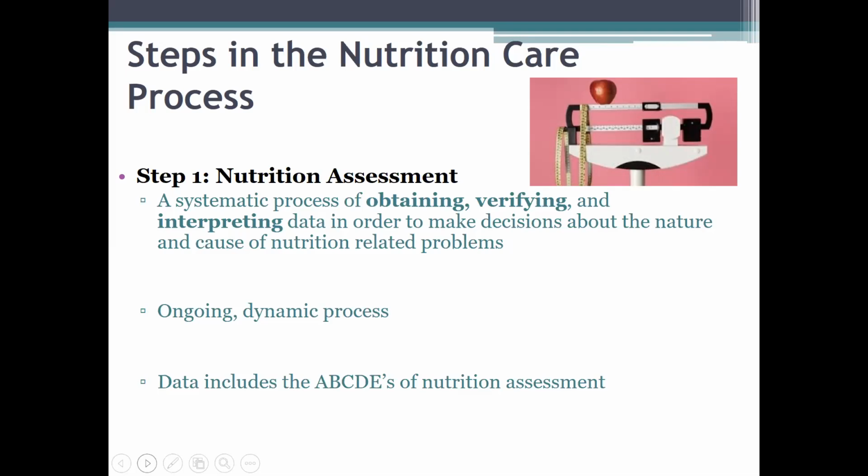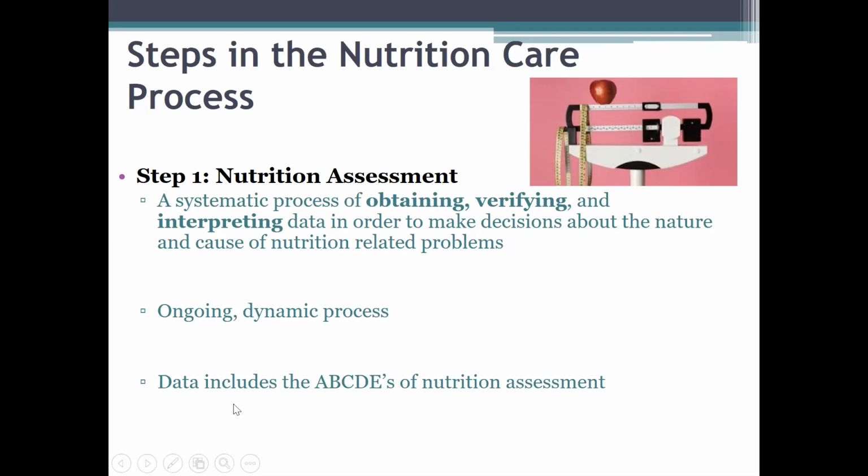Maybe you got a lab value, but you have to interpret it and know if it's high or low, but that's all part of your assessment. It's ongoing and dynamic because you have to do it every single time, right? Because things change. Hopefully the patient gets better. So when you reassess, the problem is improving, and then maybe you get to change your approach a little bit because of that.